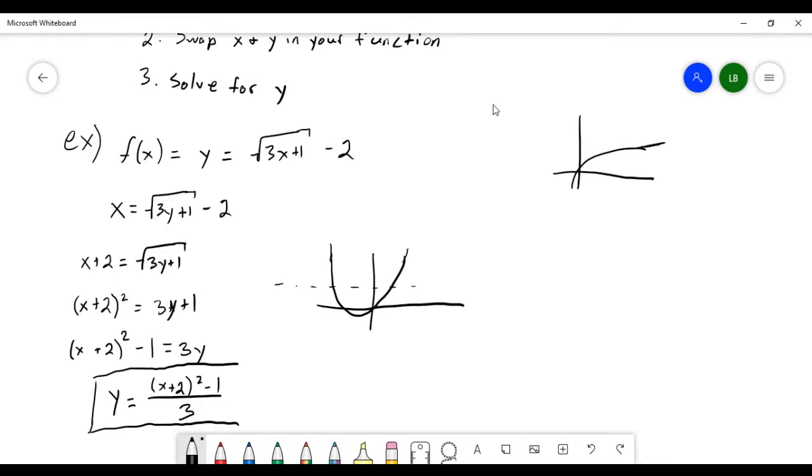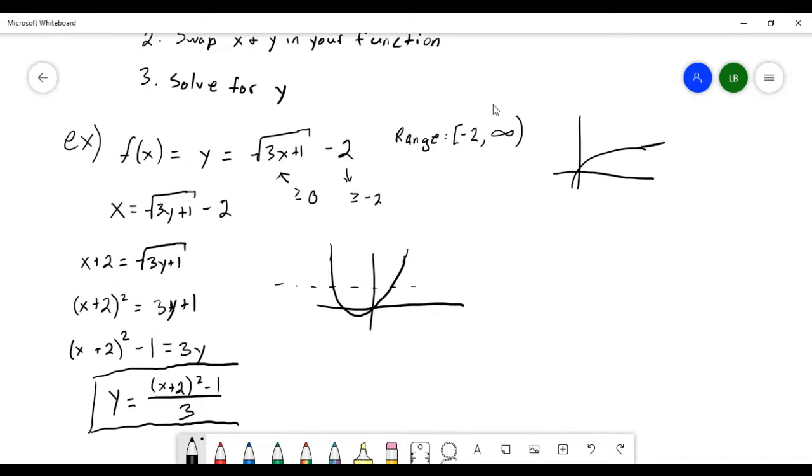What we need to do is consider the range of this original function, which is from -2 to infinity, if you recall, because the range of the square root of x is anything bigger than or equal to 0, but then we shift it down 2, so then it's anything bigger than or equal to -2. That's our range.